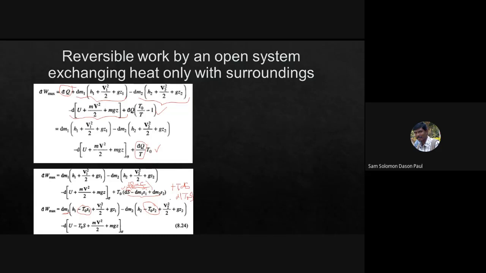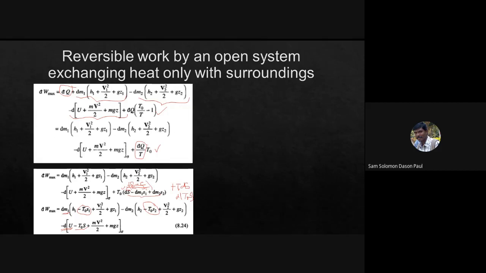Therefore this t naught s is taken into the d of term. So this you get as dw max. So this is the maximum work that is obtained when an open system exchanges heat with the surroundings.